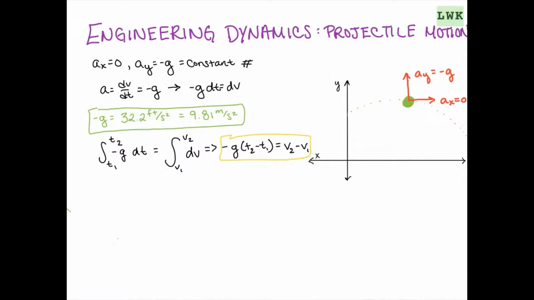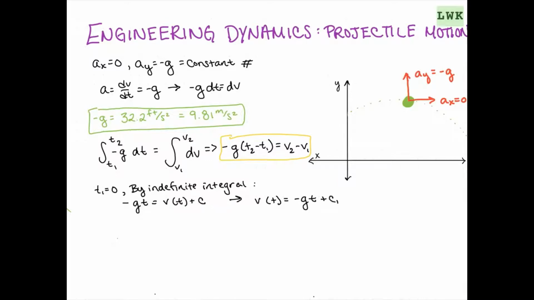So if we evaluate at t1 equals 0 by indefinite integral, that's going to give us an even simpler expression. So we'll have negative gt equals v of t plus a constant c. So v of t equals negative gt plus c1. So now we have an expression for velocity.